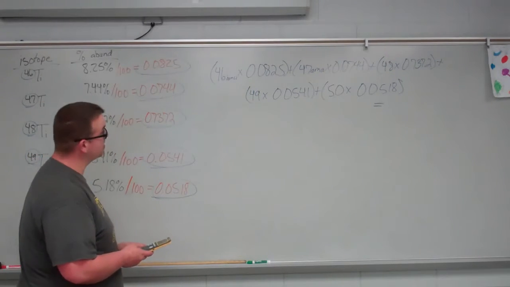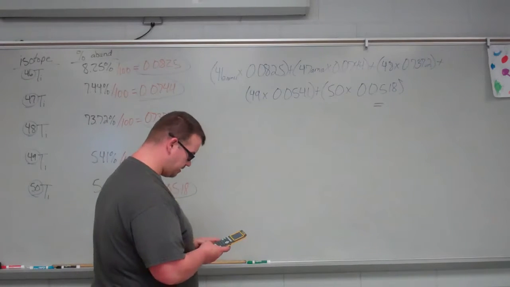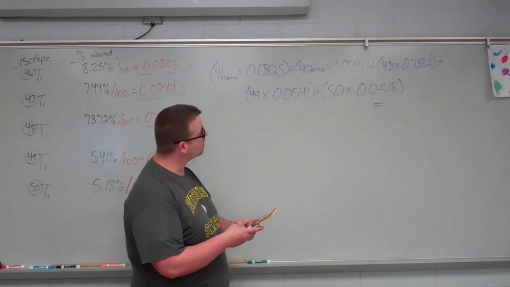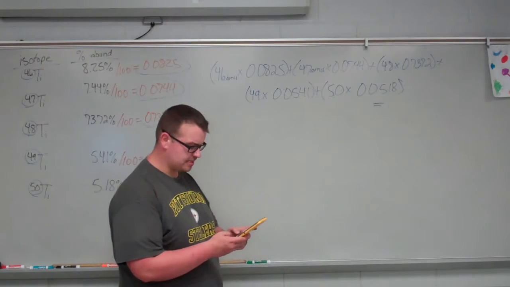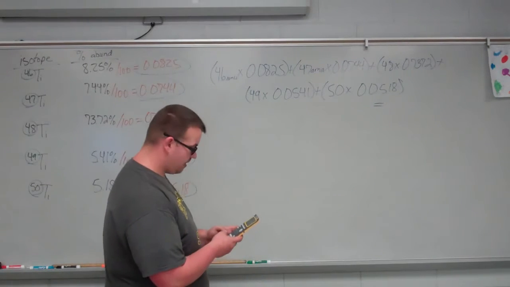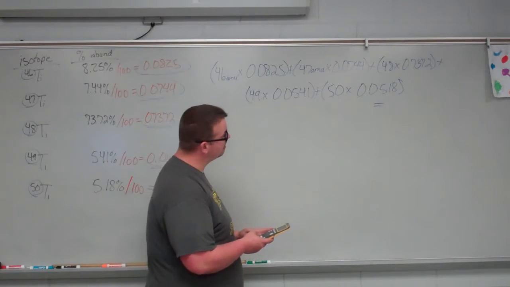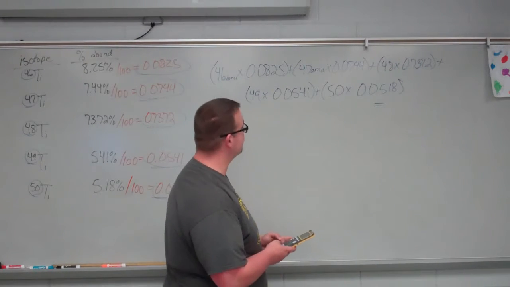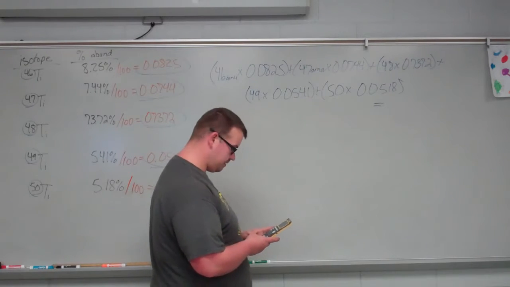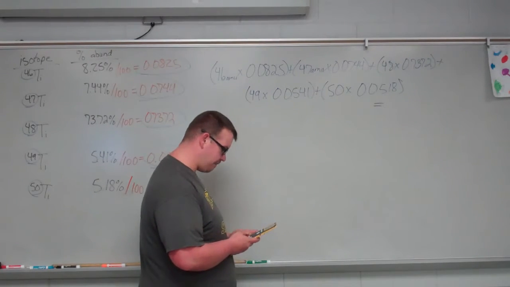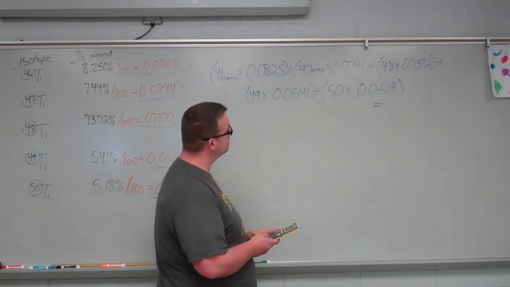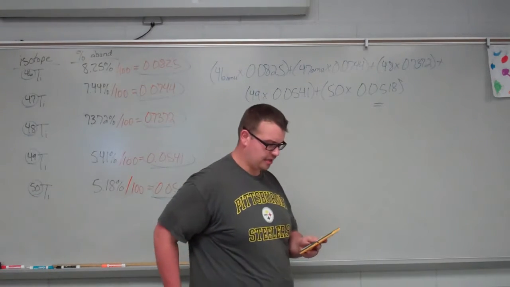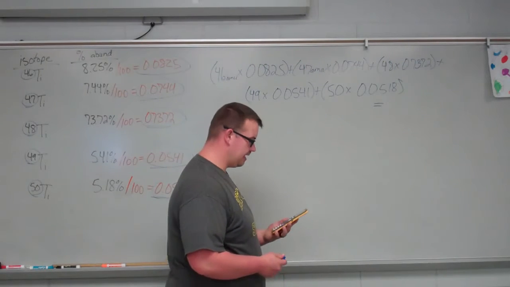So I'm going to use parentheses: 46 times 0.0825 in parentheses, plus parentheses 47 times 0.0744 in parentheses, plus parentheses 48 times 0.7372 in parentheses, plus parentheses 49 times 0.0541 in parentheses, plus parentheses 50 times 0.0518 in parentheses, hit enter.